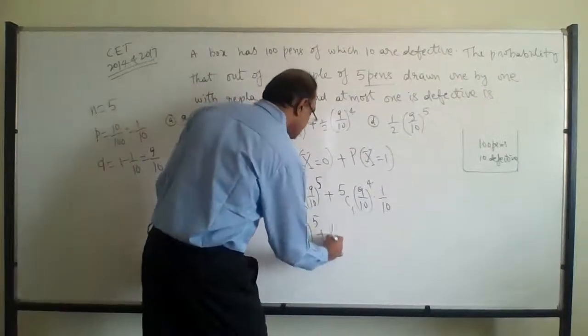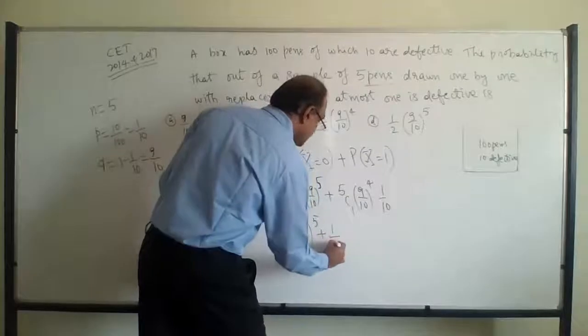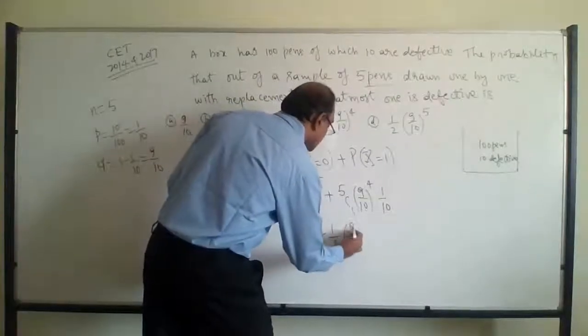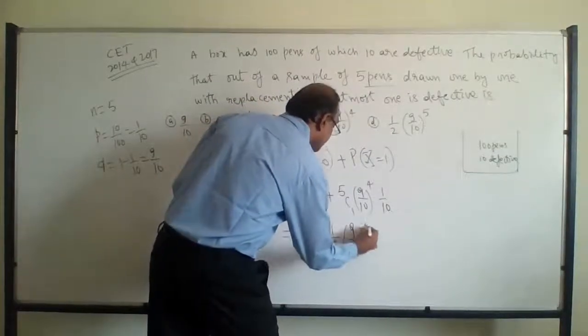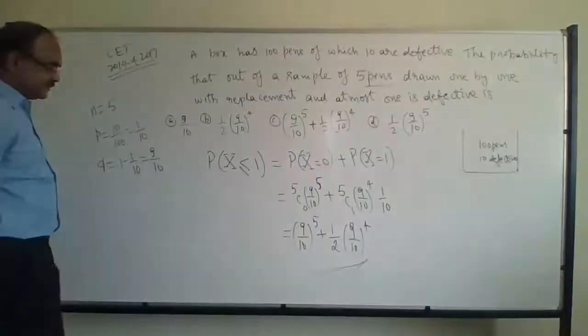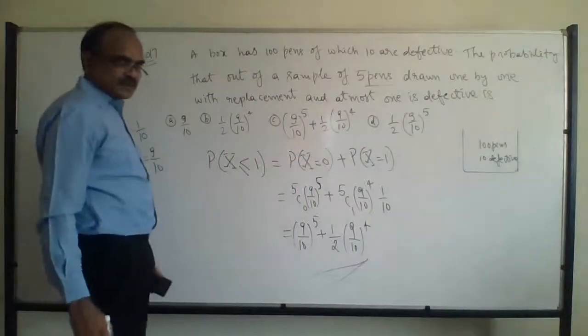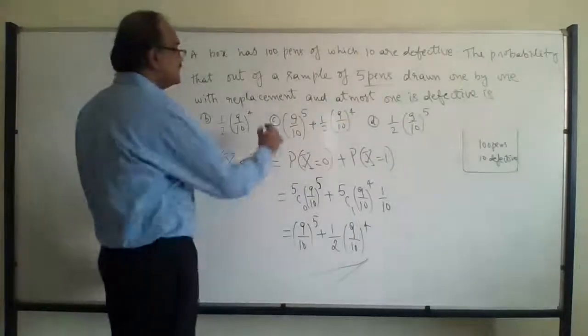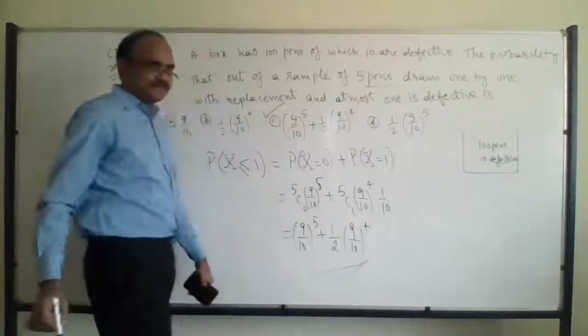Then 5 by 10, 5 twos, so I can write 1 by 2, 9 by 10 whole to the power 4. So what is the option? Option C. Some people have already given the correct answer. So option C.